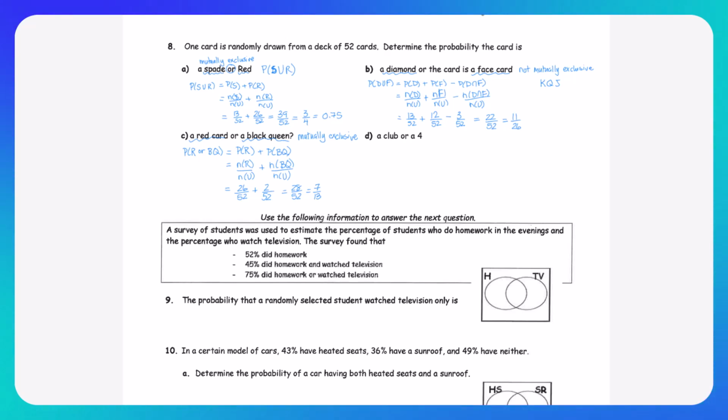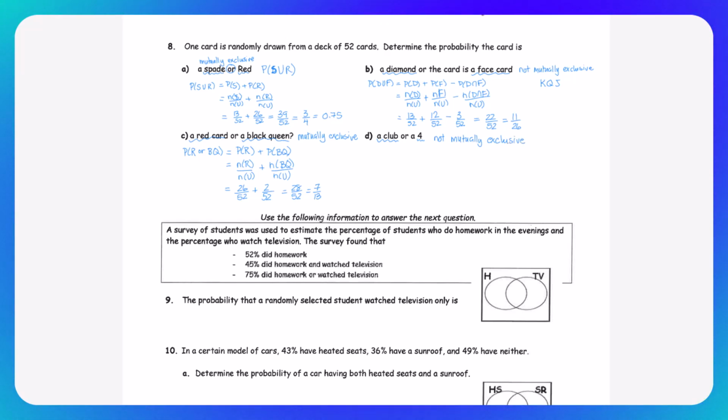Let's look at the last one here. A club or a 4. Well, there is one card that is a club and a 4, the 4 of clubs. So these, therefore, are not mutually exclusive. So there's that little bit of overlap.